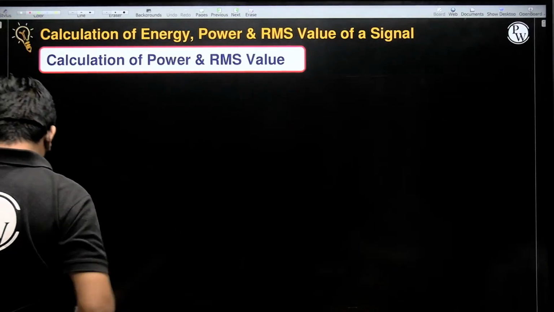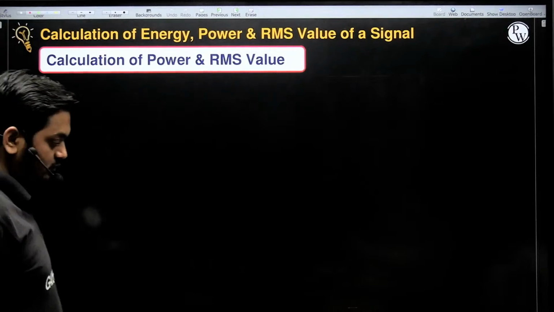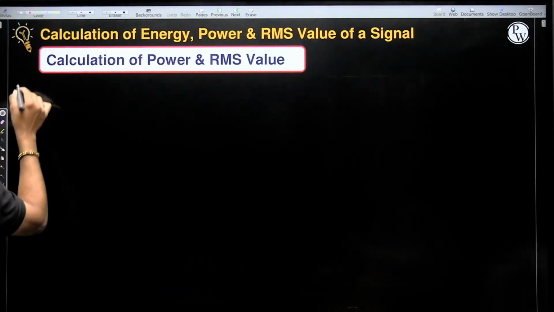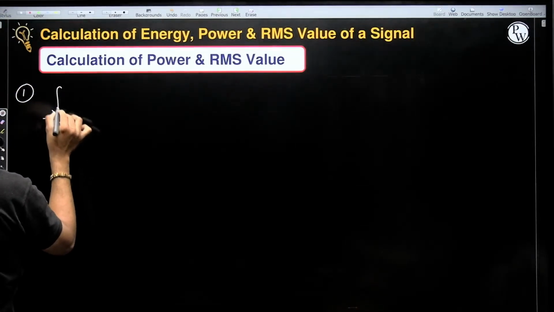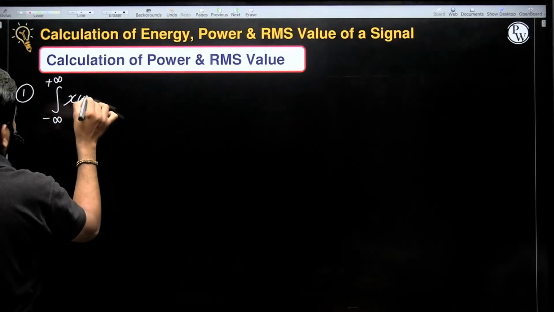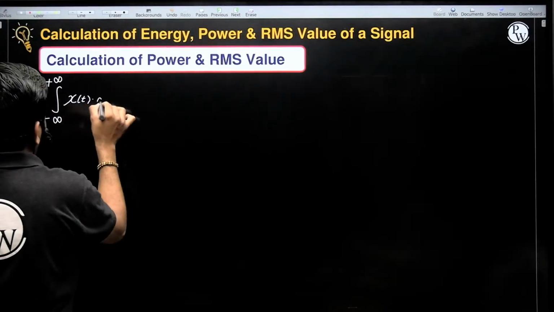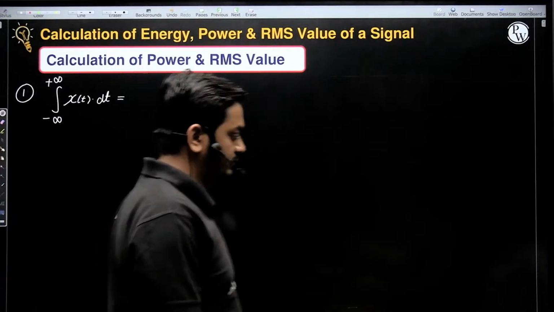Now see, if you integrate any signal, whether it is periodic or aperiodic, from minus infinity to plus infinity, x of t dt, then what is the meaning of this integration?